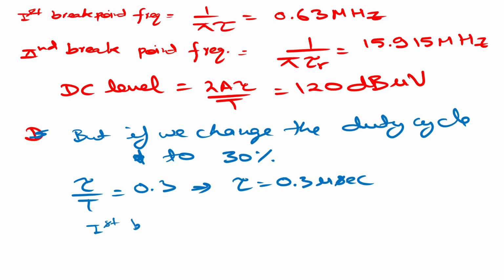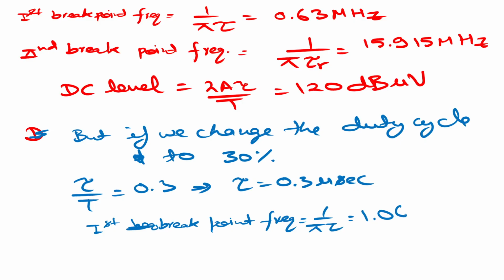And if this is changed, the first breakpoint frequency, which is 1 by pi tau, will change, since tau is changed, and this will become 1.061 megahertz.